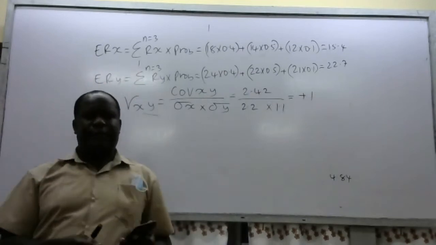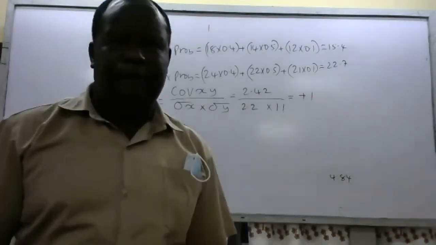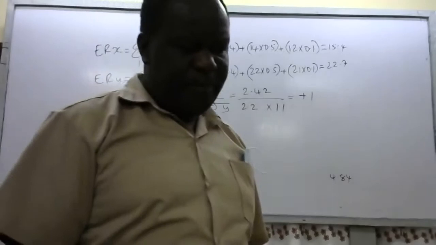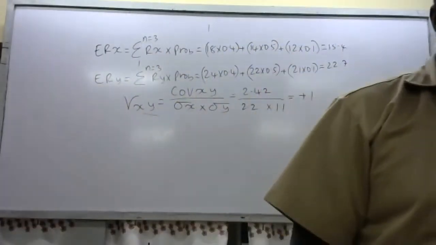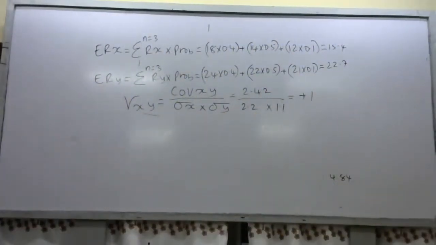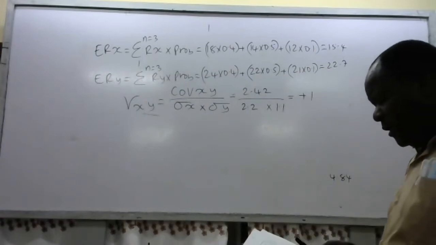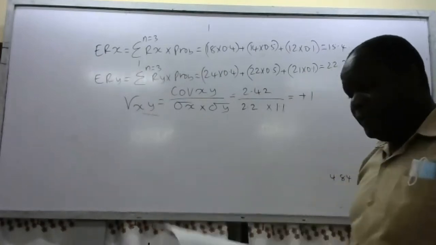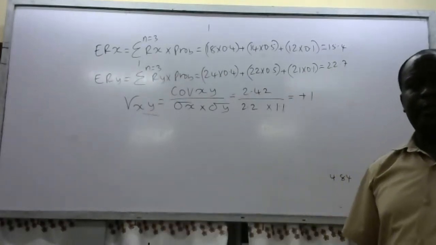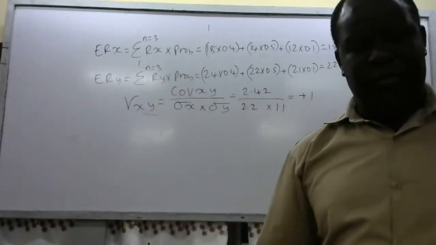So that figure should be +1. So that was meant to be the Roman letter 2, the correlation coefficient. The correlation coefficient between security X and Y is +1. So that was our Roman letter 2.